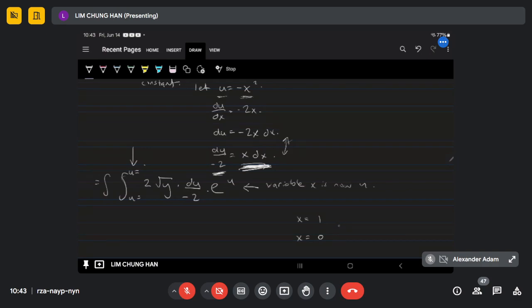We know u is negative x squared. So if x is equal to 1, what is u?